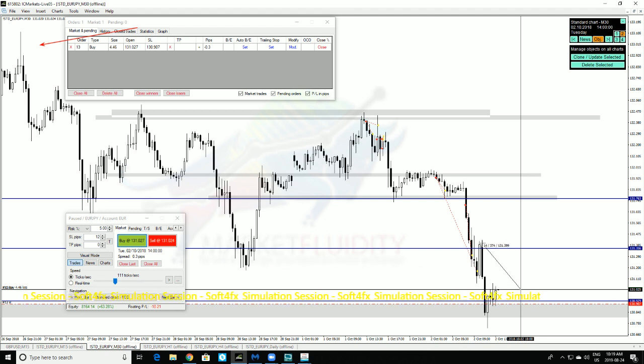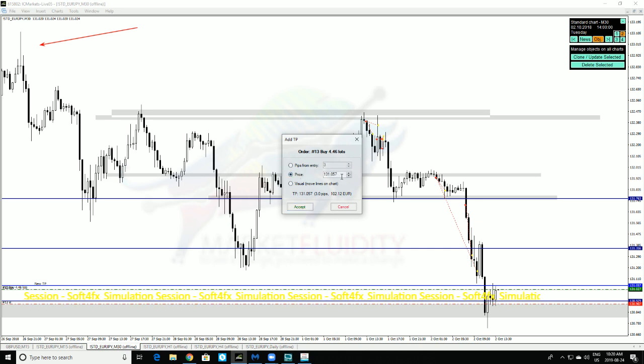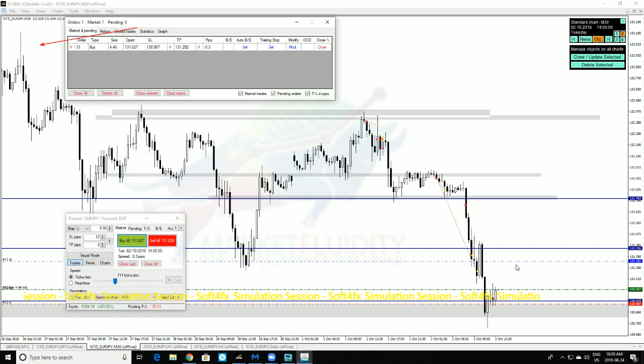Because essentially it can go all the way up here, but you're not trying to grab the whole move. You're trying to grab a portion of the move. So let's put it at 131.252. This is a positive risk reward.